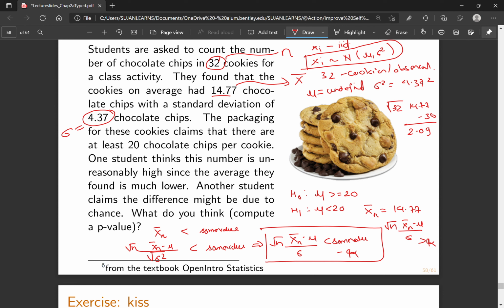On top of that, we need to multiply it by the square root of 32. That is, the square root of 32 is 5.65, multiplied by that, which is 41.22.